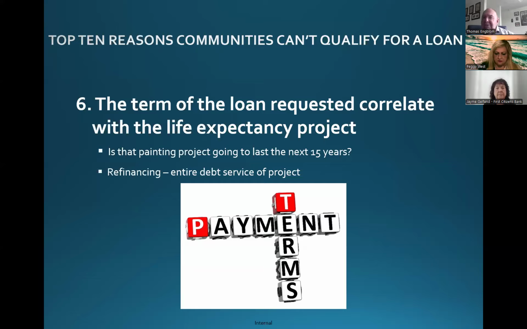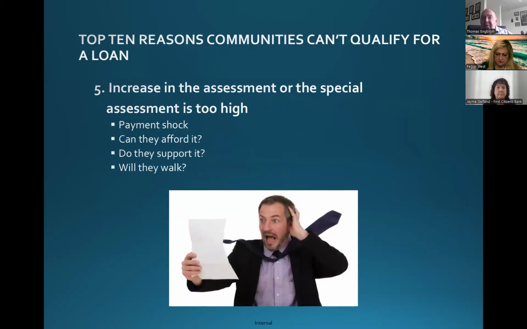So as a seller, you should be able to get more for your unit, because you can say, look, we have a new roof put on, we painted the building, we've done all these improvements, and you won't have to worry about it for 15 years. Just another thought. And again, look at what your ownership can afford to pay.